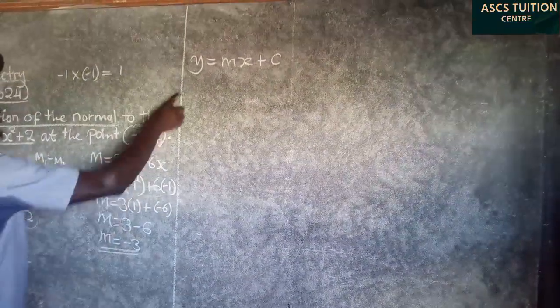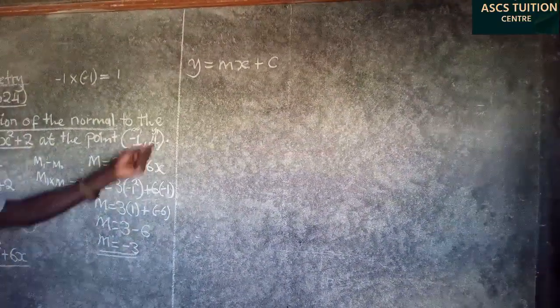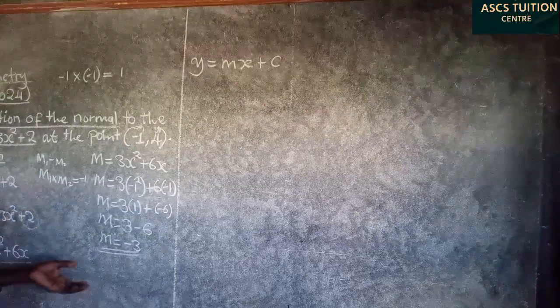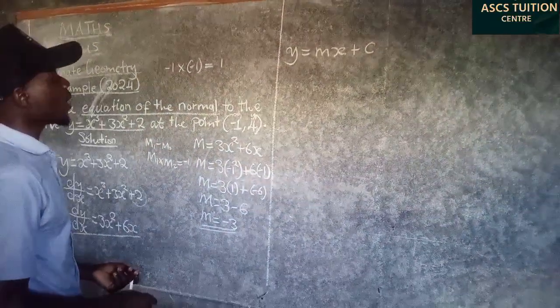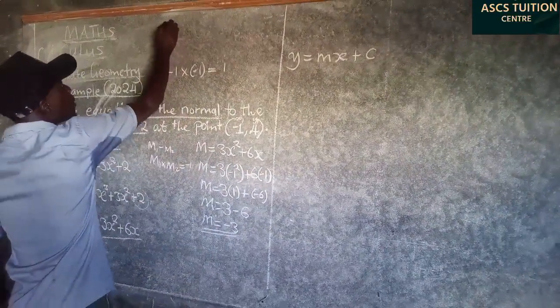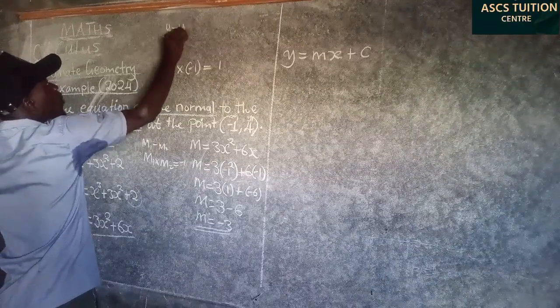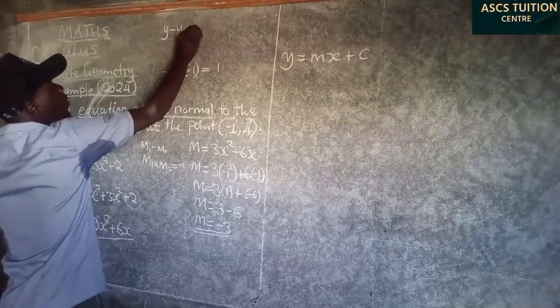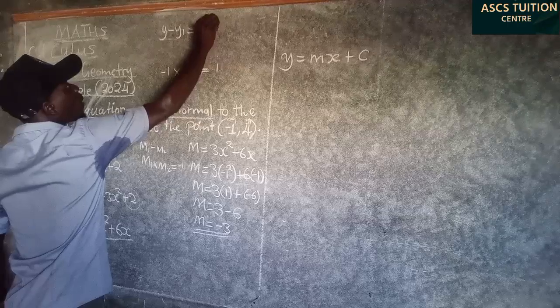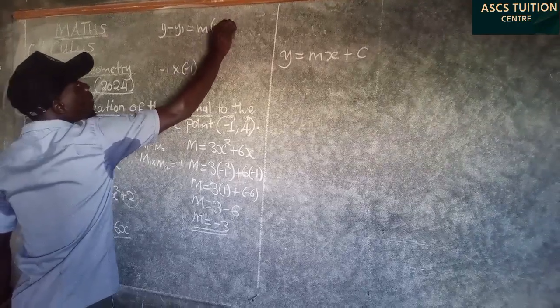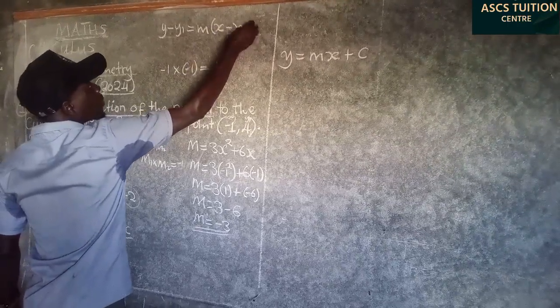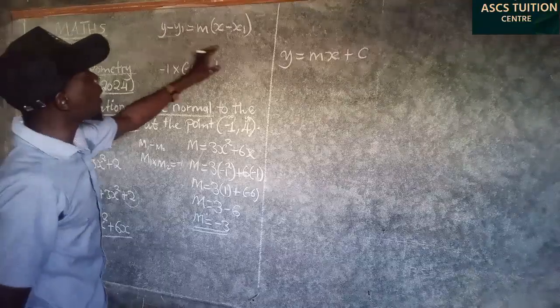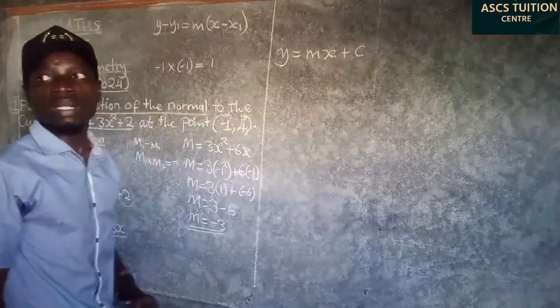Okay? So this is the formula that we are going to use for us to find the equation of the normal. Okay? Others, they also prefer using y minus y1 is equals to gradient, open bracket, x minus x1. Okay? So this formula and this formula, they are one and the same.